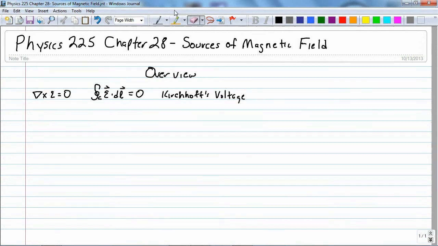Not a law. We didn't really talk about this too much, but it's a product of the discussion that we had later.